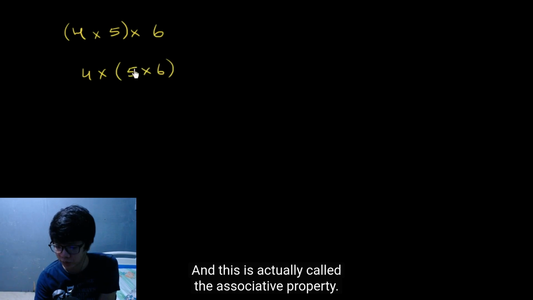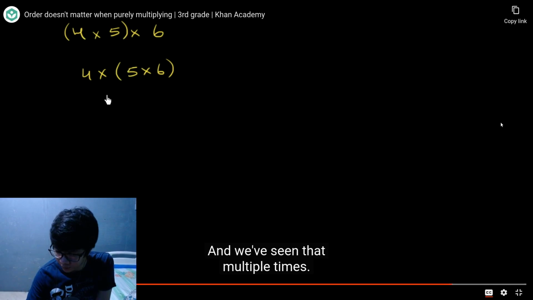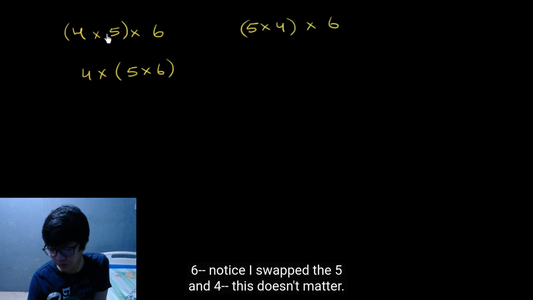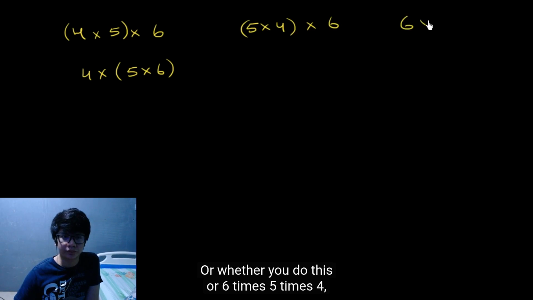And this is actually called the associative property. It doesn't matter how you associate these things, which of these you do first. Also, order does not matter, and we've seen that multiple times. Whether you do this or you do 5 times 4 times 6, notice I swapped the 5 and 4, this doesn't matter. Or whether you do this or 6 times 5 times 4.